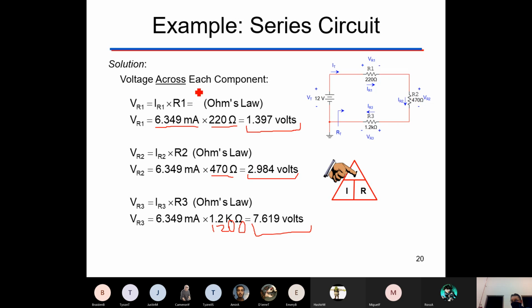And these will get your voltages across each resistor. By the way, they put these little subscripts like VR1 to represent that they were talking about this voltage across this resistor, VR2 for this resistor, and VR3 for this resistor, so you know which one you're solving for.